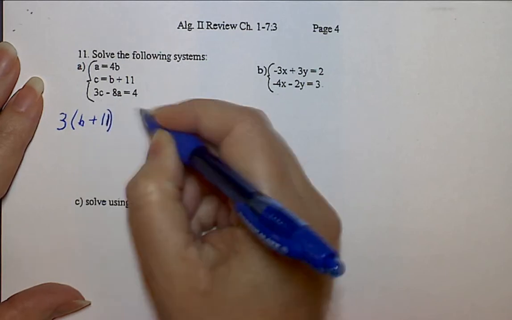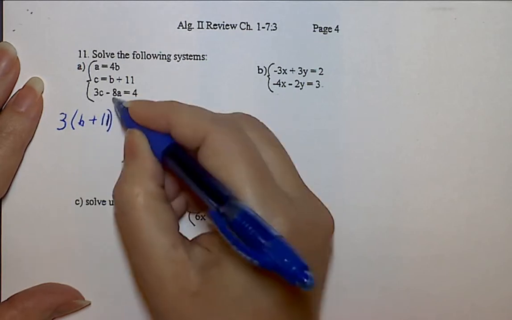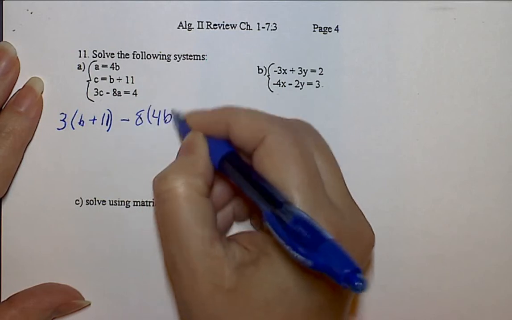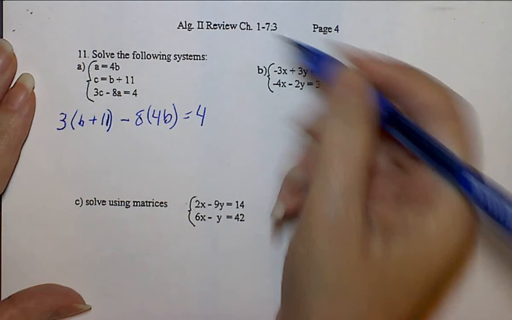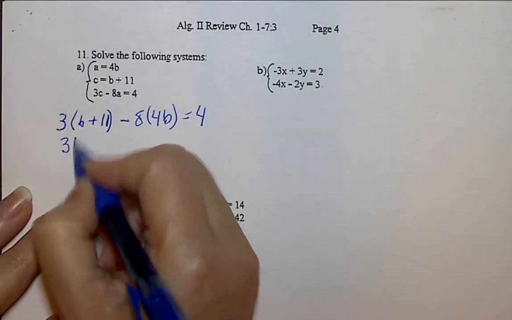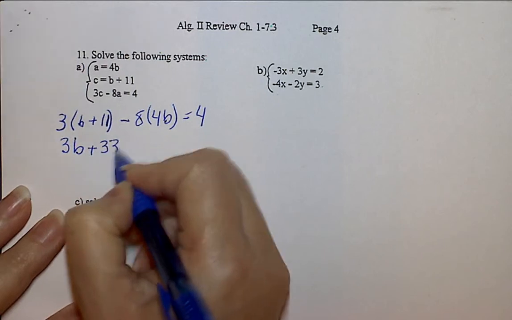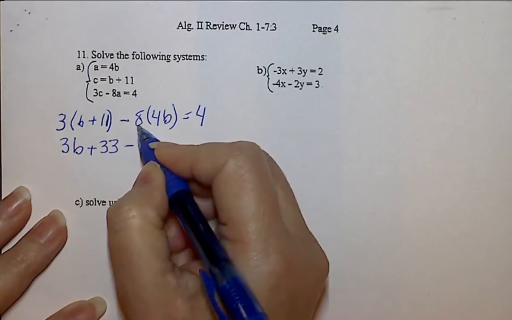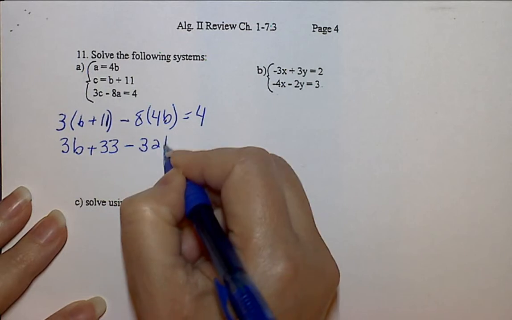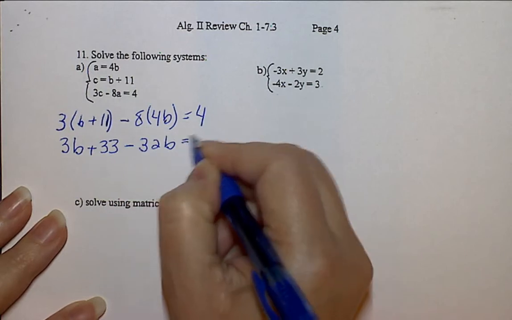And then minus 8A, but I'm going to have a 4B, and that equals 4. So then I'm going to distribute. So I have 3B plus 33 minus 8 times 4 is 32B is equal to 4.